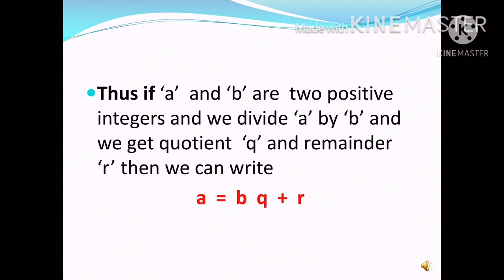This is a very simple and familiar result, and you have been using this since your elementary classes, that is from class 3rd or 4th, when you learned the long division process. So there is nothing new in this result, but from now onwards we will call it by a new name, that is Euclid division lemma.